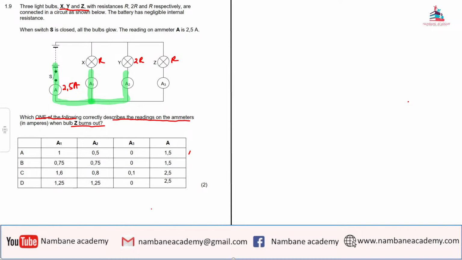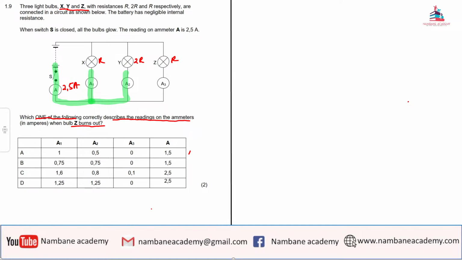The distractor in this instance is C. Why is it C? Because we know there is no current passing at A3. Why? Because Z burned out. So how will the current pass? There's no way. So C is definitely incorrect.